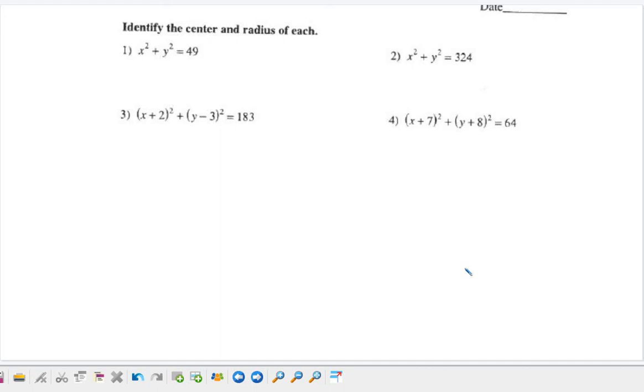Identify the center and radius of each. So my center is 0, 0, and my radius is the square root, which is 7. Number 4, my center is -7, -8, and my radius is the square root of 64, which is 8.